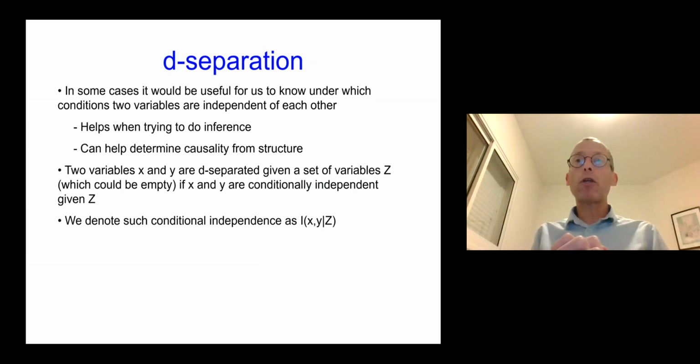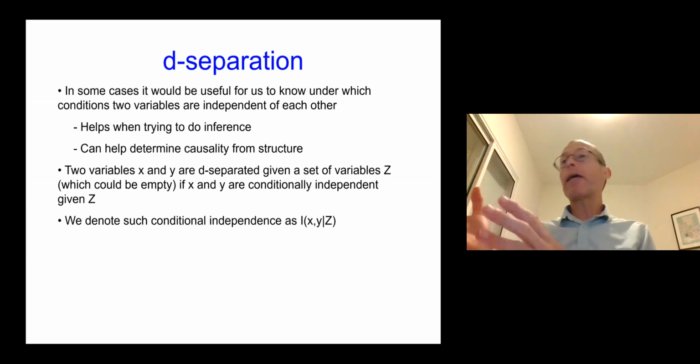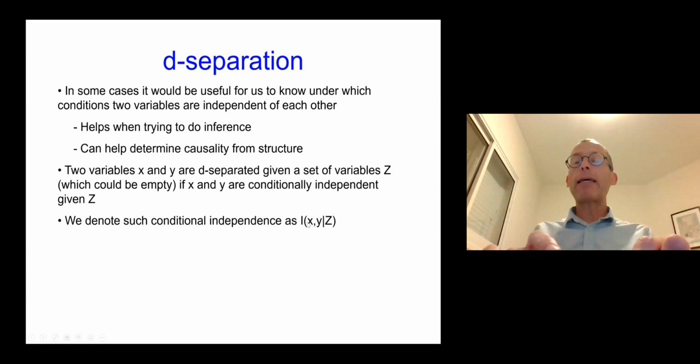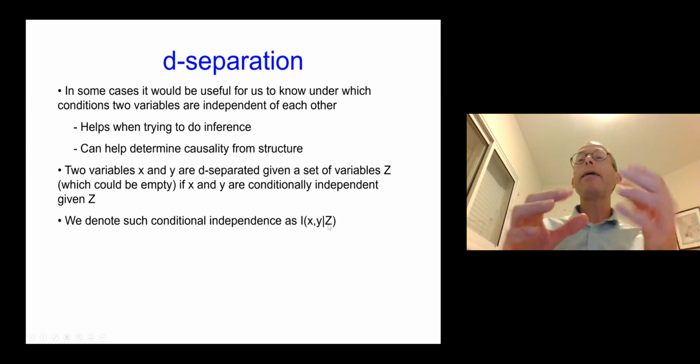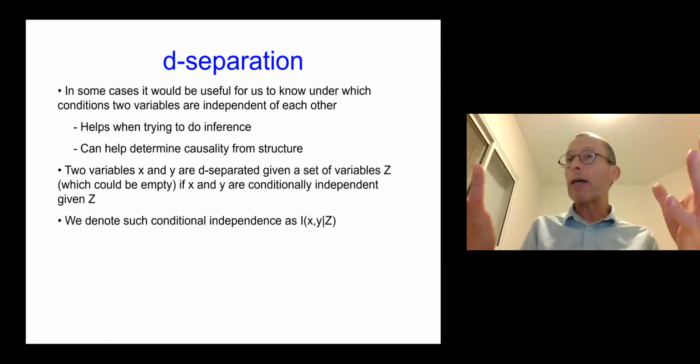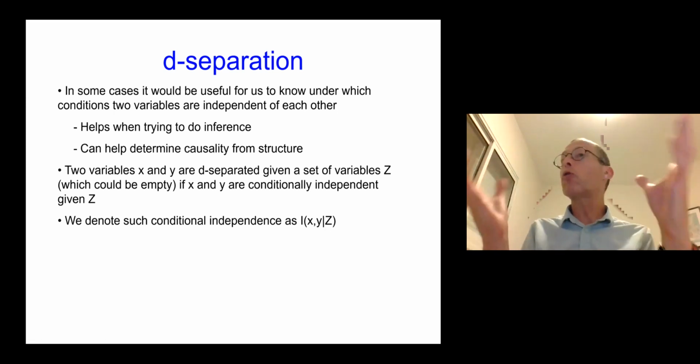Basically, a lot of questions about dependence or independence in Bayesian networks. So we say that two variables are d-separated, conditioned on something else. So basically, we say that X and Y are d-separated, conditioned on Z, where Z is a set of other variables, which could include variables or could be an empty set.